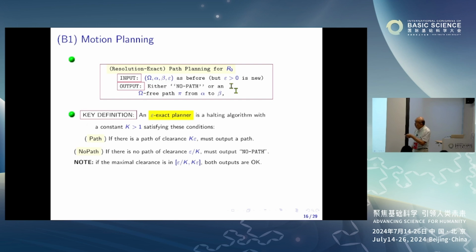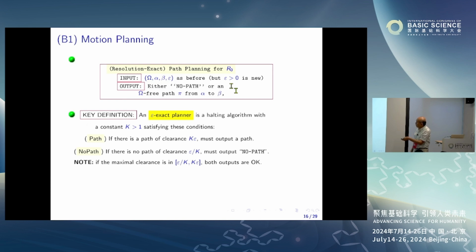Resolution is just: I give you omega, alpha, beta as before, but now I give you an extra parameter, epsilon, and I call that the resolution, which is positive. So sometimes I say epsilon exact rather than resolution exact. And again, you output no path or you output a path.